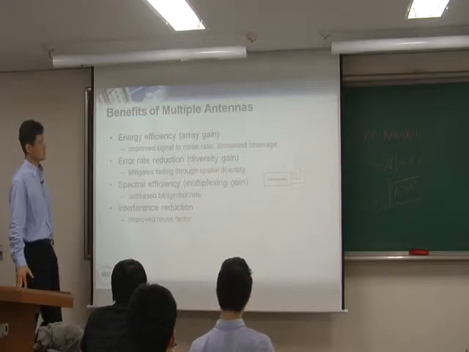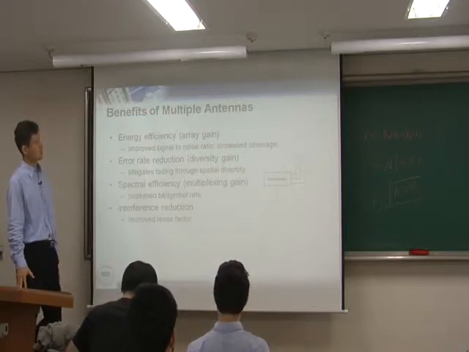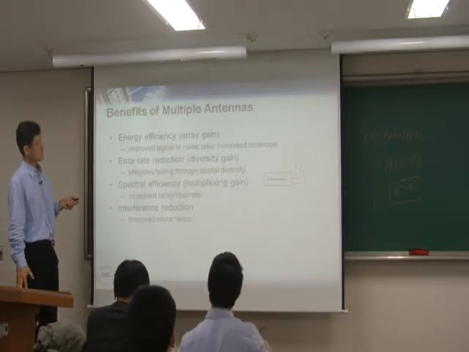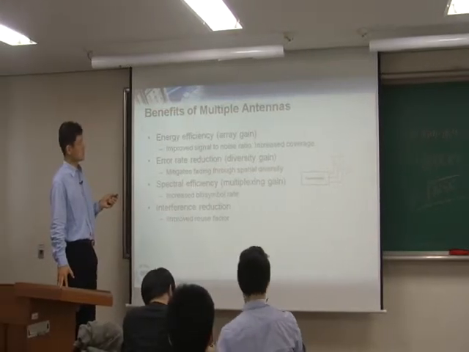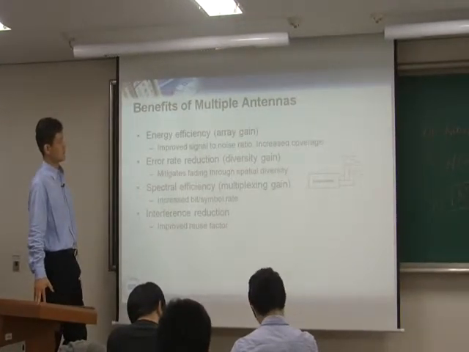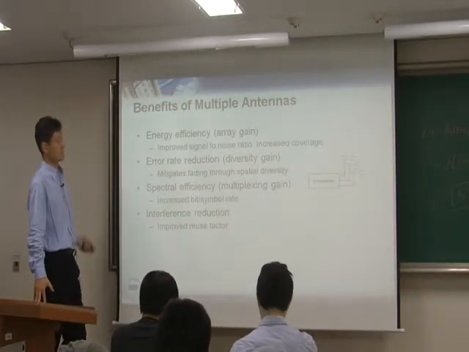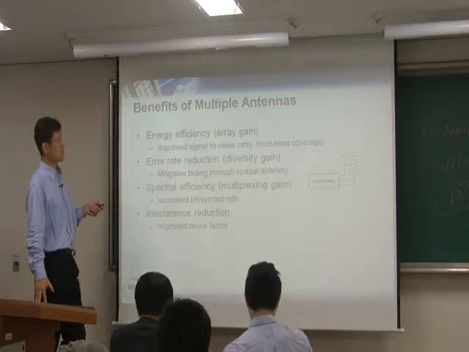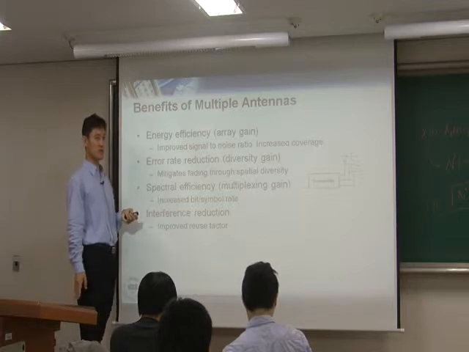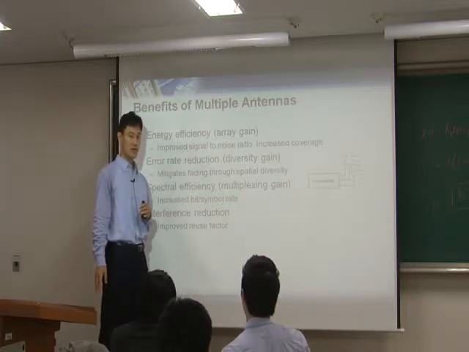Now let's review some of the concepts related to MIMO. The first thing is array gain. It's energy efficiency. So what is array gain? It says that it improves the signal to noise ratio or increases the coverage. Array gain comes from the number of antennas.